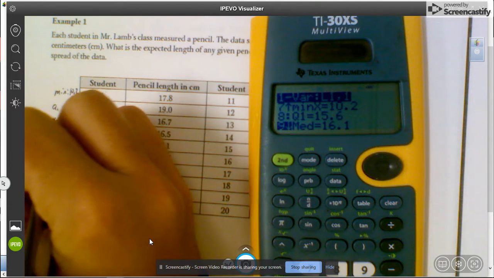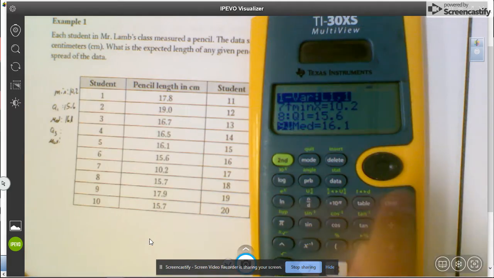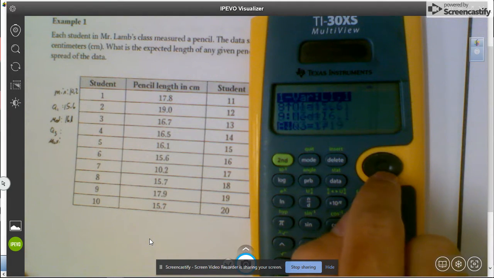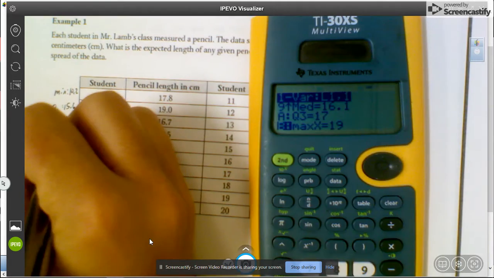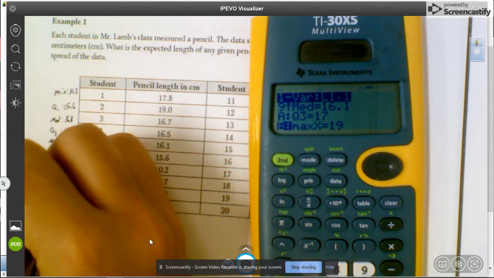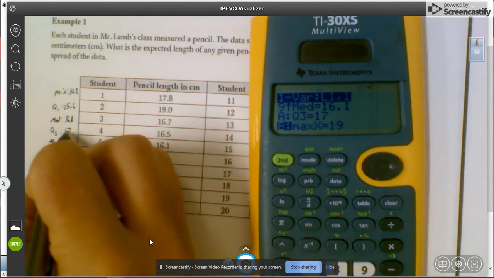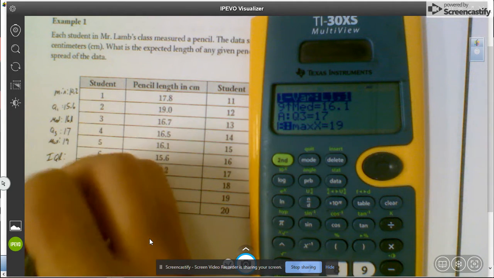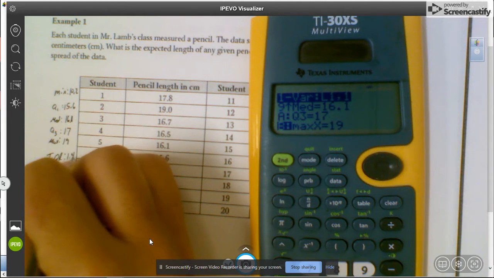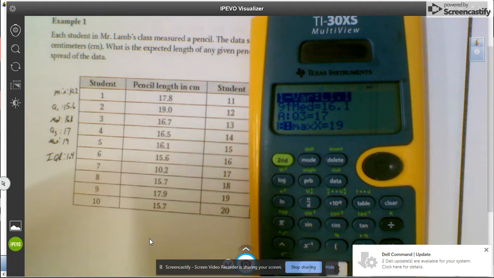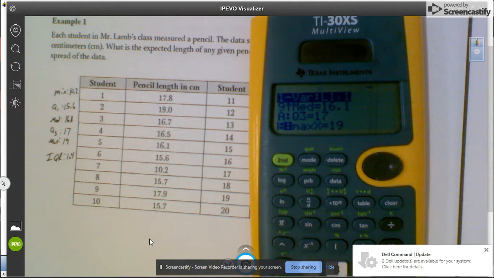Q3 and the max are the other two that I need. That's 17 and 19. I'm also going to write down my IQR, which is 17 minus 15.6. So that is 1.4.